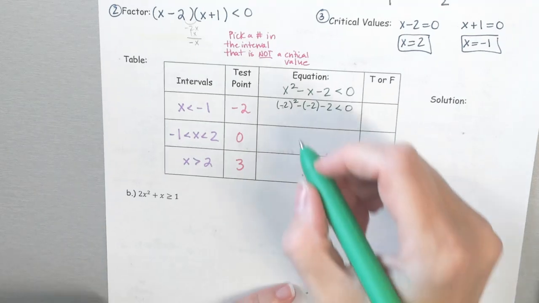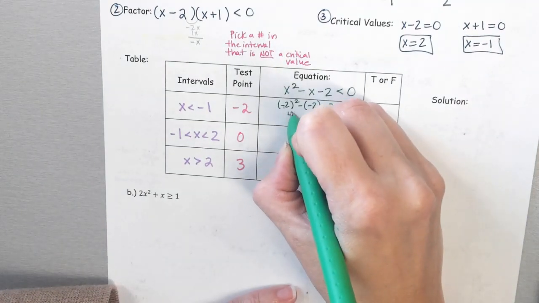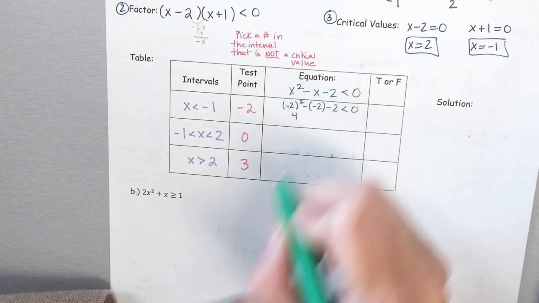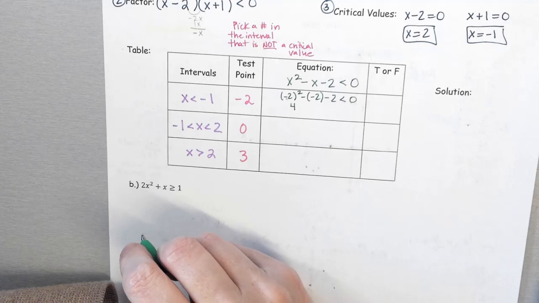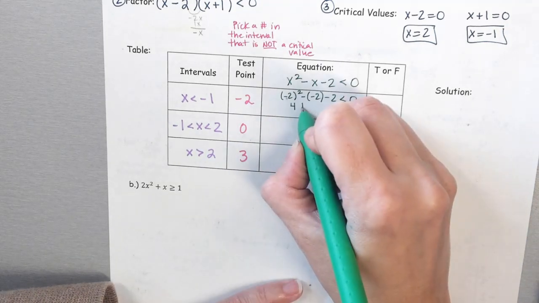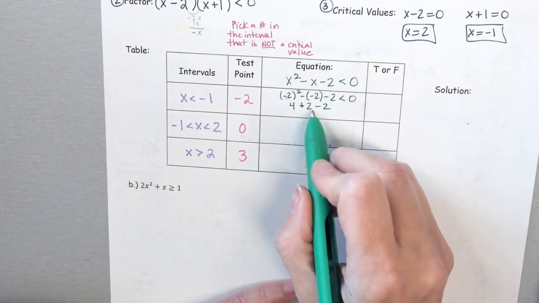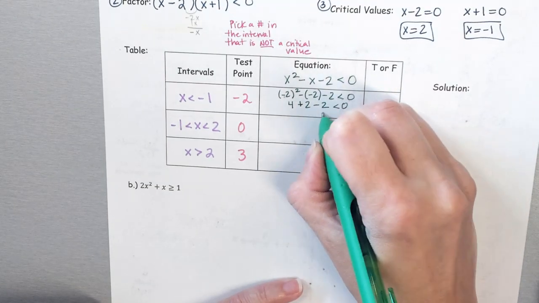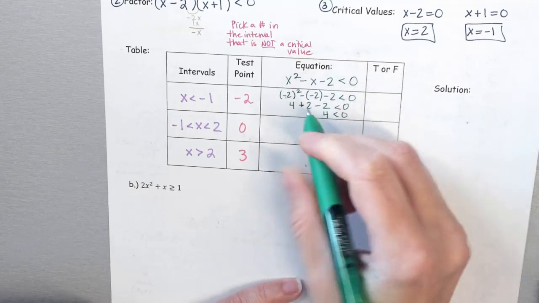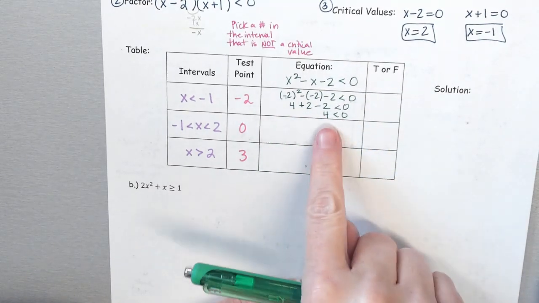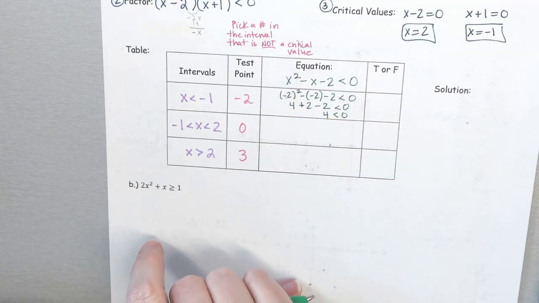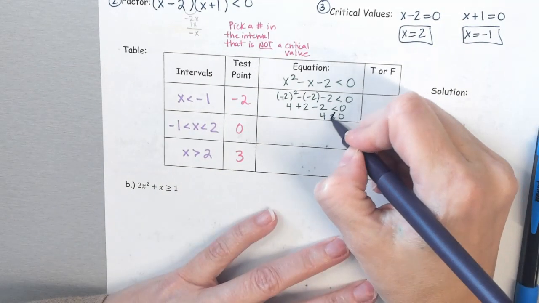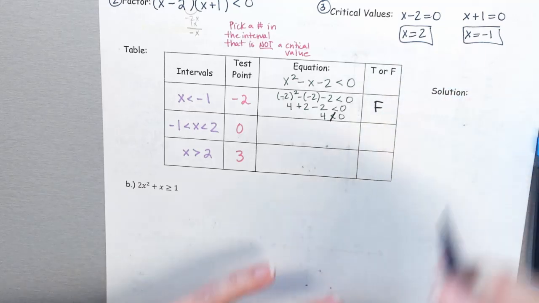So -2 squared would be 4. Negative times -2 is +2, minus 2. So this simplifies to 4 plus 2 minus 2, which is 4, so 4 is less than 0. Is that true or false? False. So we're going to cross that out and put an F for false.